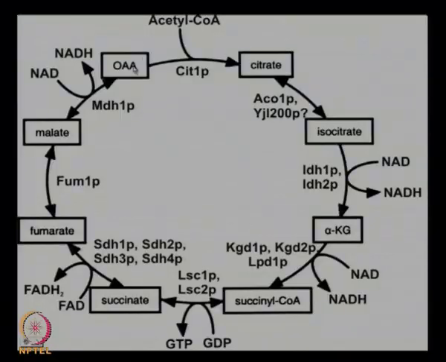Condensation reactions are going on, and it forms the citrate, the 6 carbon compound, then citrate to isocitrate, isocitrate to alpha ketoglutarate, alpha ketoglutarate to succinyl CoA, followed by succinate, fumarate, malate and oxaloacetate, and in this way the total cycle gets completed. When this cycle is completed, we say that this cycle is continuing and cellular respiration is going on inside the mitochondria of the cell.